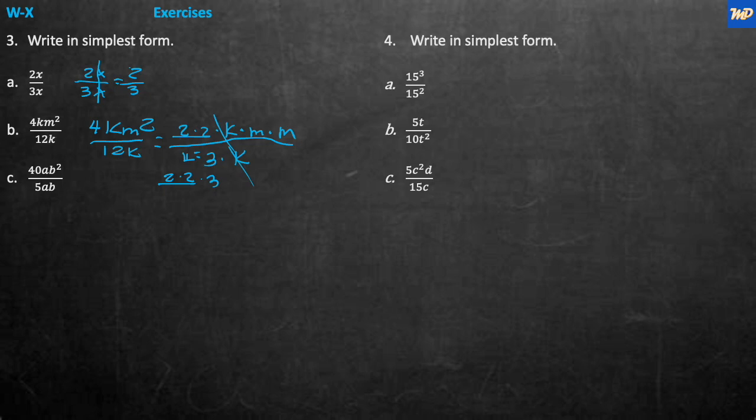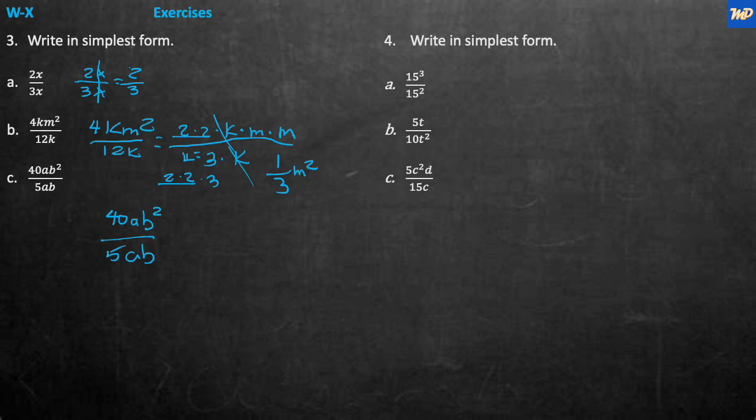So the answer here, the 2's canceled, so it's 1/3, because the 3 remains down here. 1/3, the k's are gone. M squared is all that's left. 1/3 m squared. Going down to C. C, we have 40ab squared over 5ab.